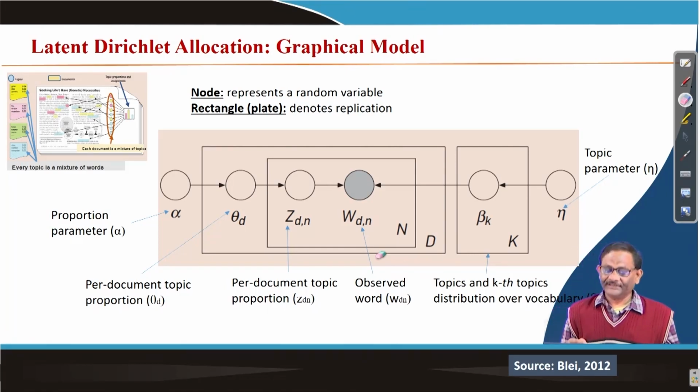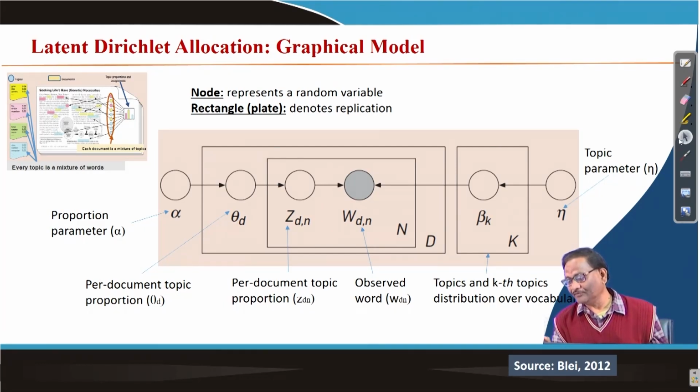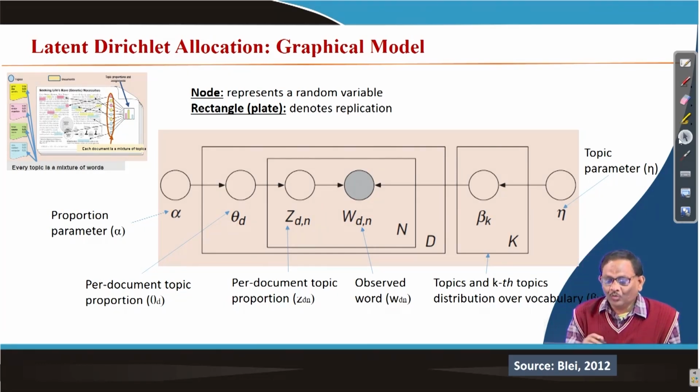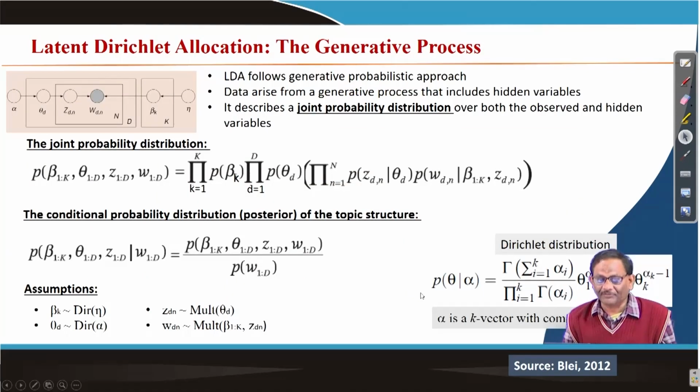But nevertheless, the understanding of this generative process will help you, and that is the purpose in this lecture. That's why I am telling you that you have to know this. Okay. With this information, now we will go to the generative process.